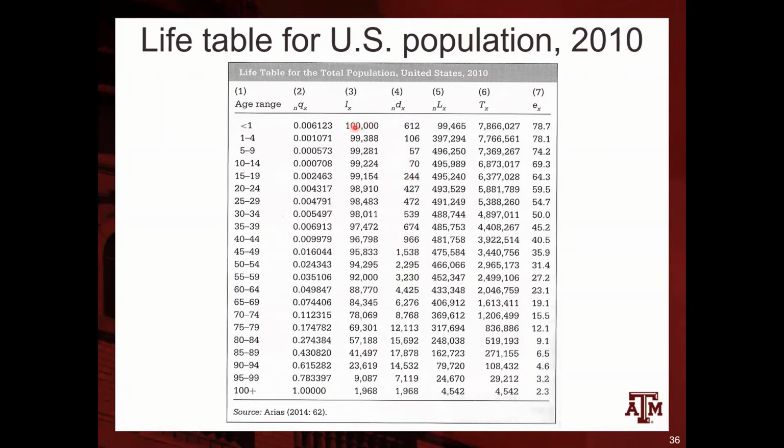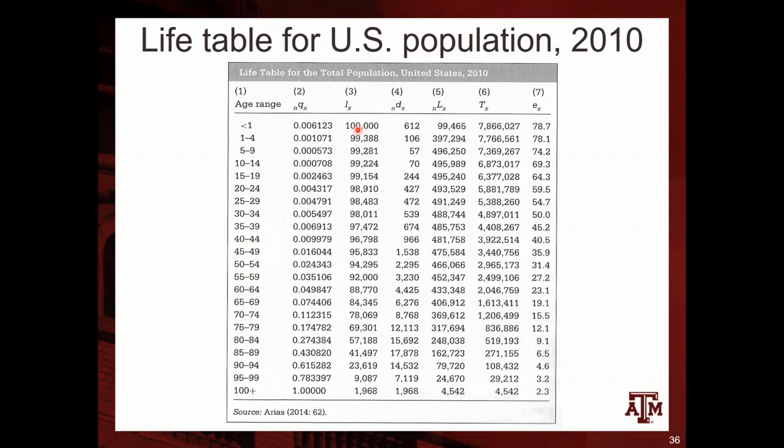Out of these 100,000 people here, now it's good to calculate how many years on average those people live within that first age group. That first age group is just a 1 year interval, right? From 0 to less than 1.